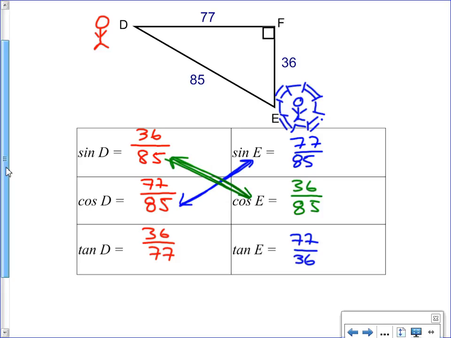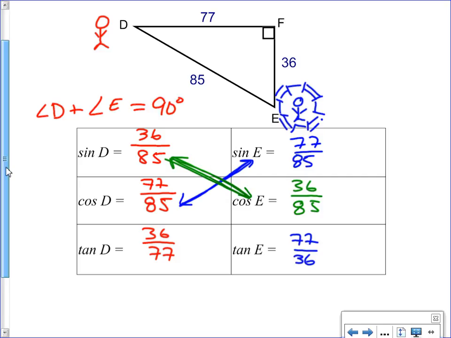There's a lot of things going on right now, so try to keep all these relationships in mind. Really quick, as a recall, if you add angle D and angle E together, what is it supposed to add up to? 90. In other words, they're complementary angles.